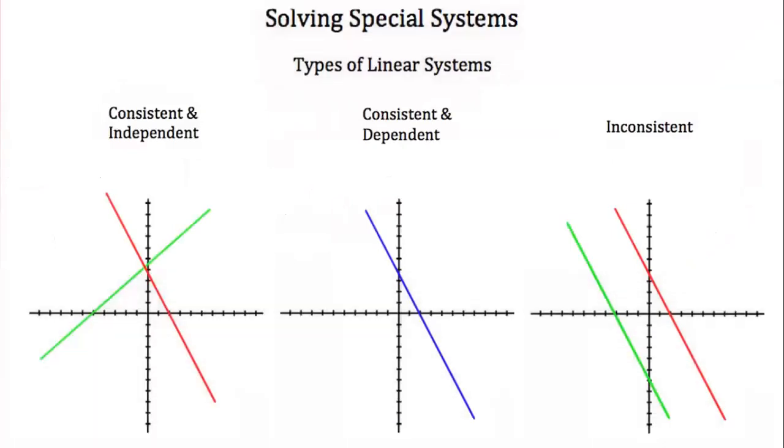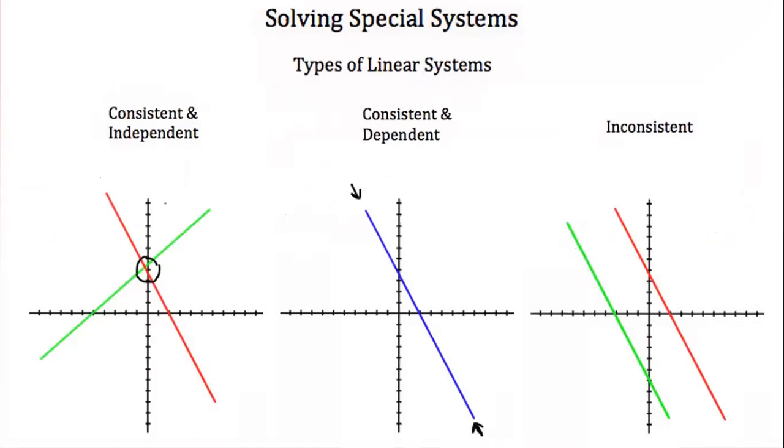Different types of linear systems: we have the kind that intersect in one spot and have one solution. We have the ones drawn on top of each other, the same equation, so they have infinitely many solutions. Then we have the parallel lines that never intersect and have no solutions.